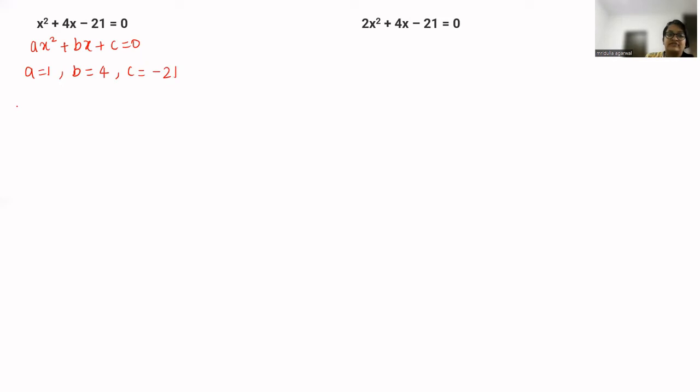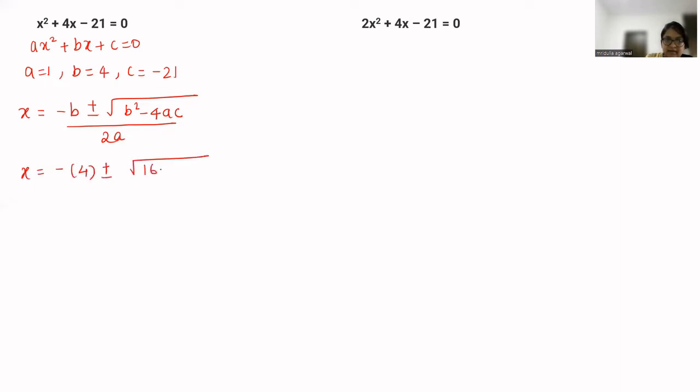So the formula is x equals minus b plus minus square root of b square minus 4ac upon 2a. Substituting the values, we have minus 4 plus minus root of b square, which means 16, minus 4 times a, which is 1, times minus 21. So minus minus becomes plus, so we have 21 upon 2a, 2 into 1.